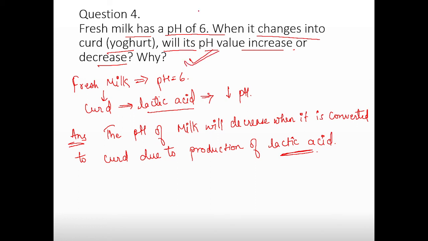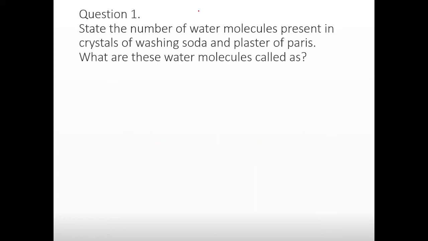Now moving to the fifth question. State the number of water molecules present in the crystals of washing soda and plaster of Paris. So you just remember one thing. I'm writing here the formula of washing soda and plaster of Paris.